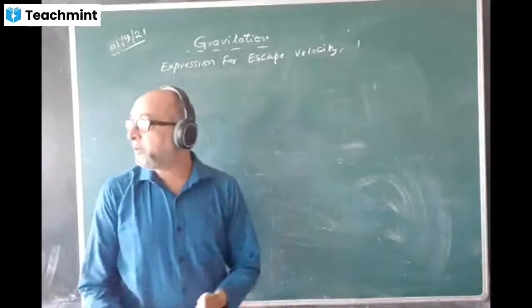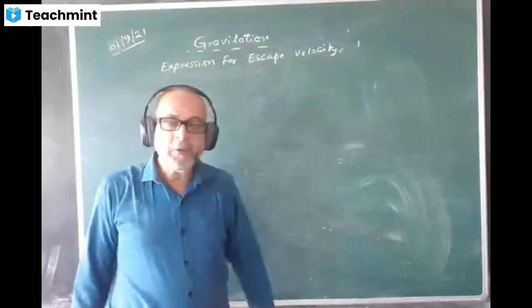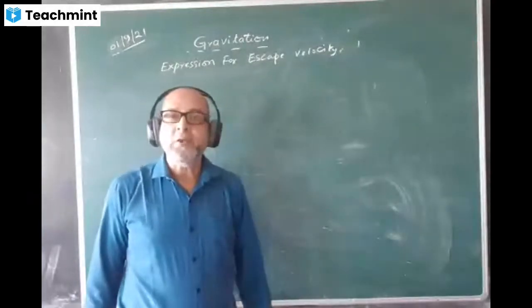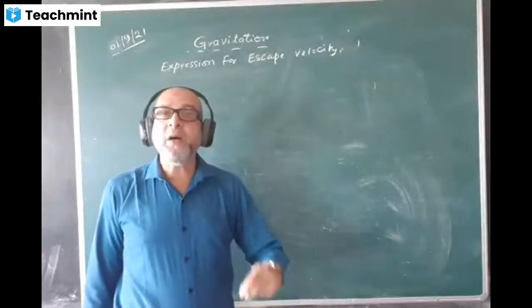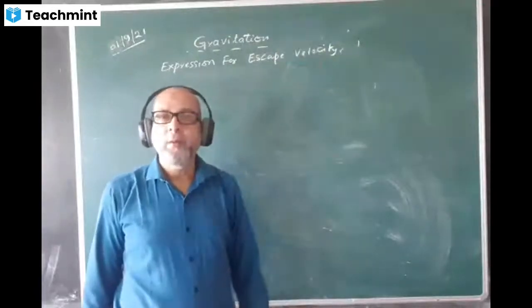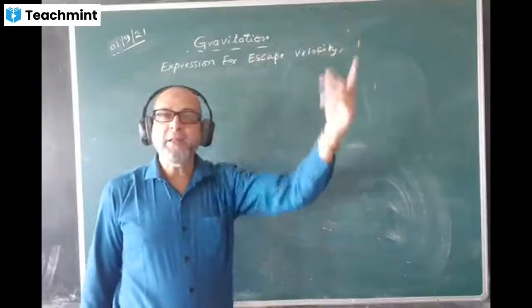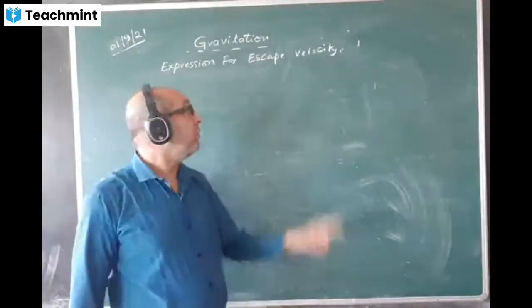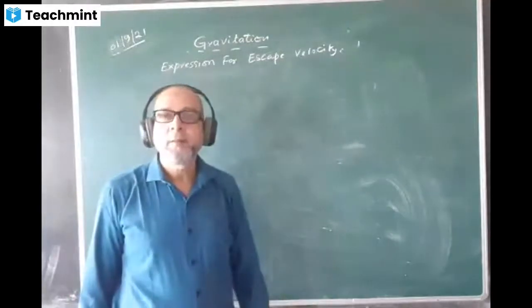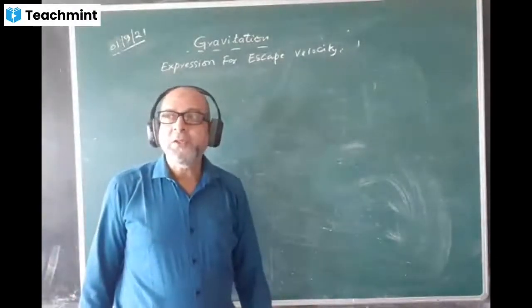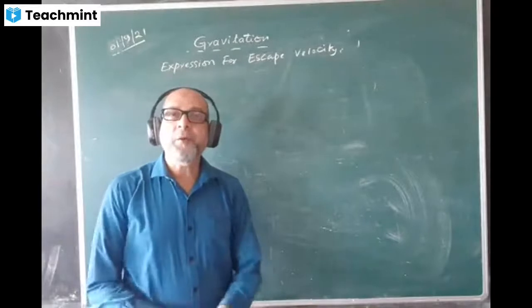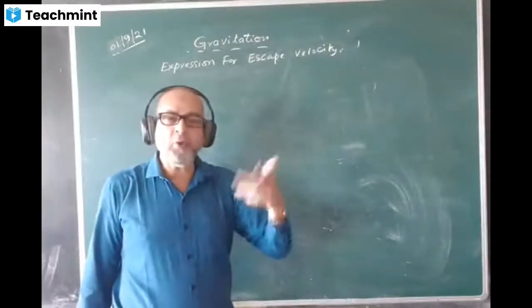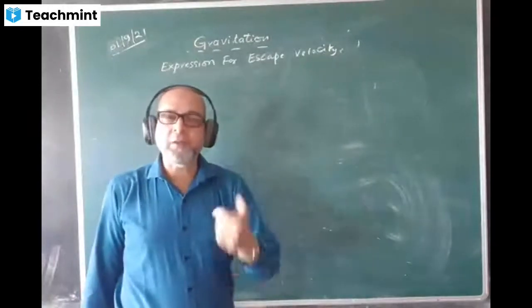What is the meaning of escape velocity? Escape velocity is the velocity given to a body so that the body goes beyond the Earth's gravitational pull, beyond the Earth's gravity, and doesn't come back. Such a velocity is called escape velocity. Just now I'm talking about escape velocity for the surface of the Earth.